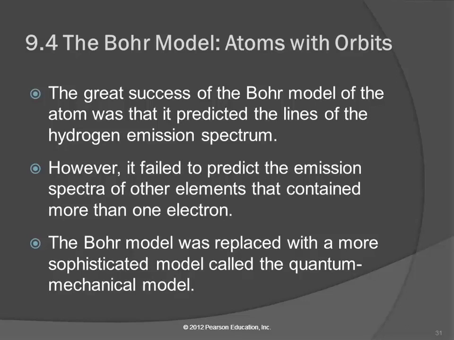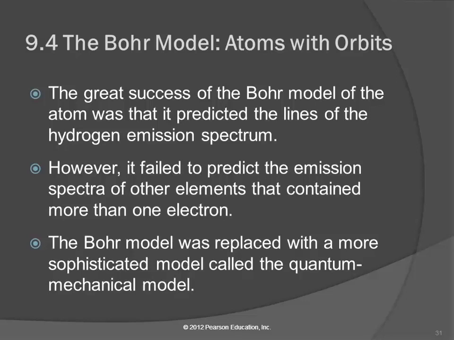And then they tried to apply it to helium, and it didn't work. It only works for hydrogen. So it's kind of marginally useful then, right? Because we don't do a lot of stuff with hydrogen. We want to know about everything else too. So it's very useful in that it's fairly easy for us to understand. We can imagine something moving from one orbit to another orbit.